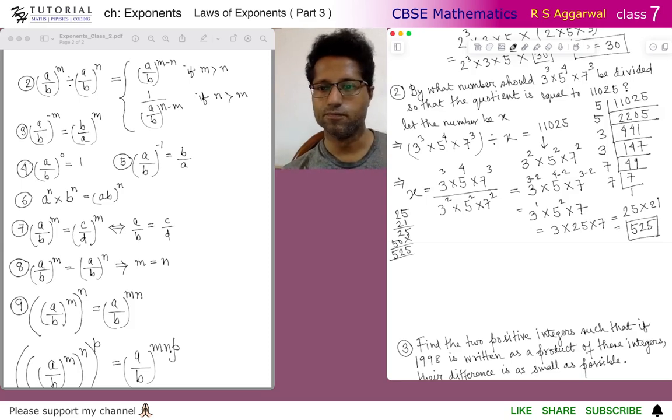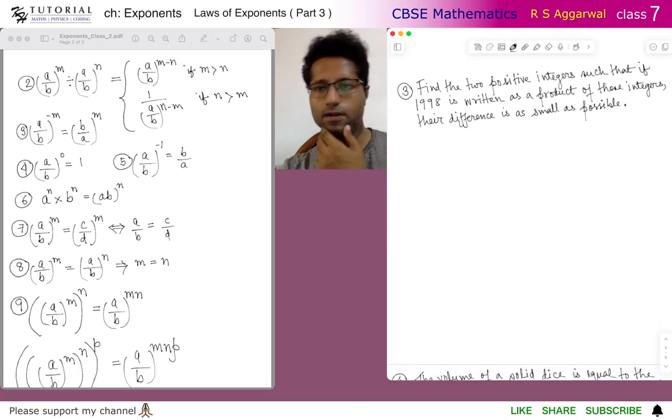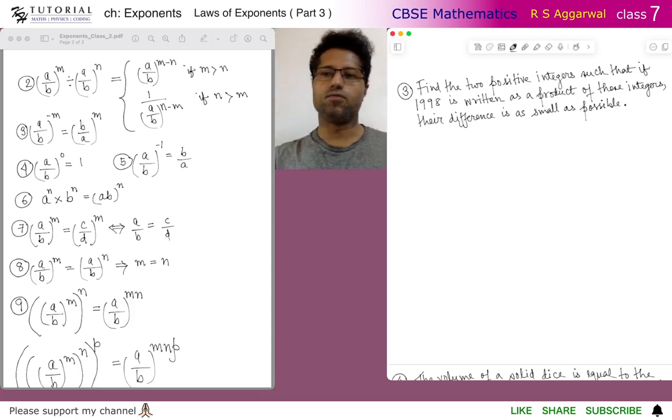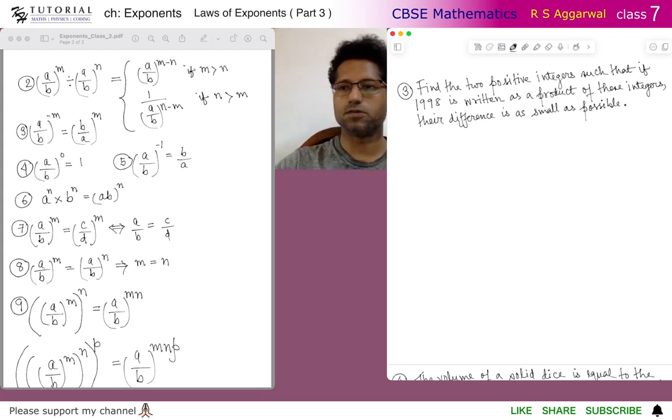I will appreciate that. Question number 3, he says that find the two positive integers such that if 1998 is written as a product of these integers, their difference is as small as possible.